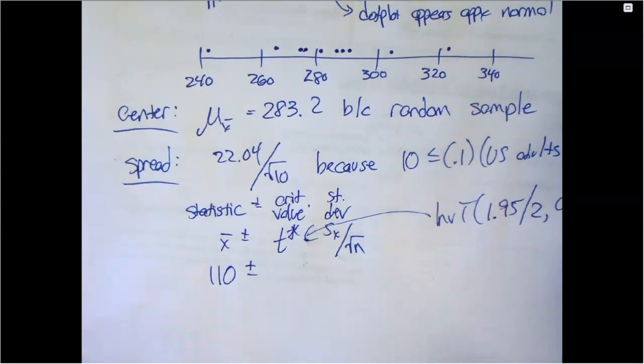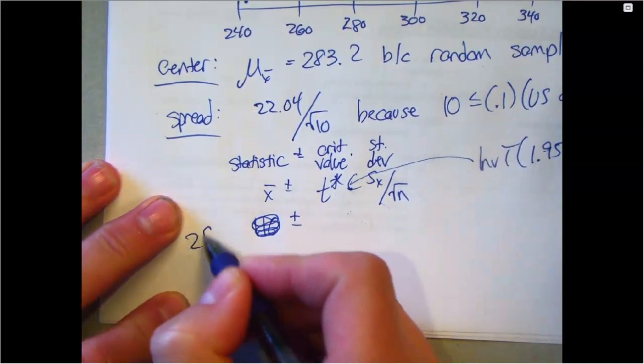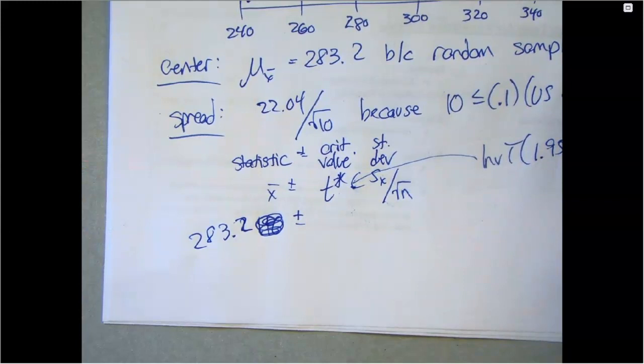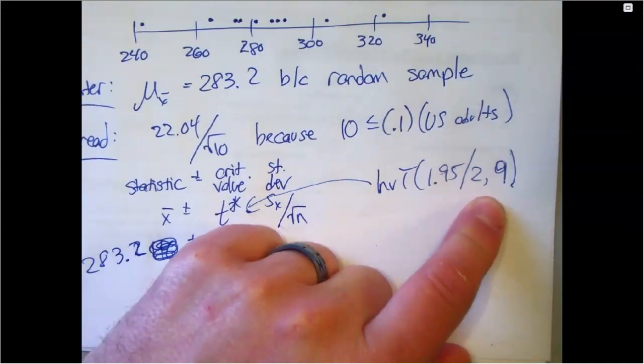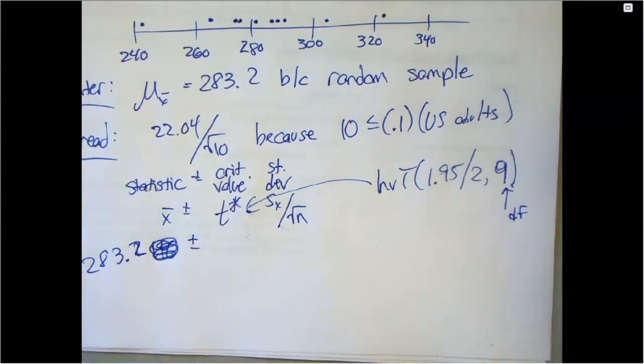Where is that coming from? 110 is the mean of the previous problem. I just remembered, that should be 283.2. When you do this, you're going to point at that 9 and say, hey, that's the degrees of freedom. And you can just put D in.